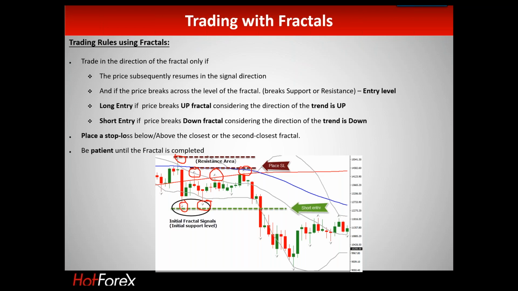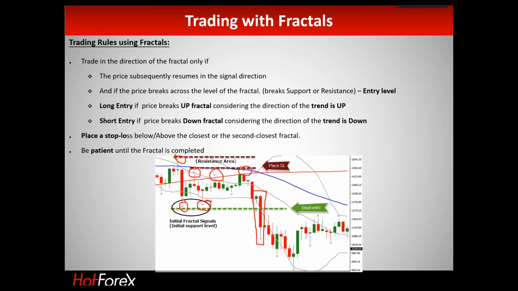If we're saying in theory that if the price breaks a support or resistance level, then that should be our entry level. And if you look at this example over here, our pair, while it was initially moving in a ranging market, breaks quite sharply with this big body down fractal.